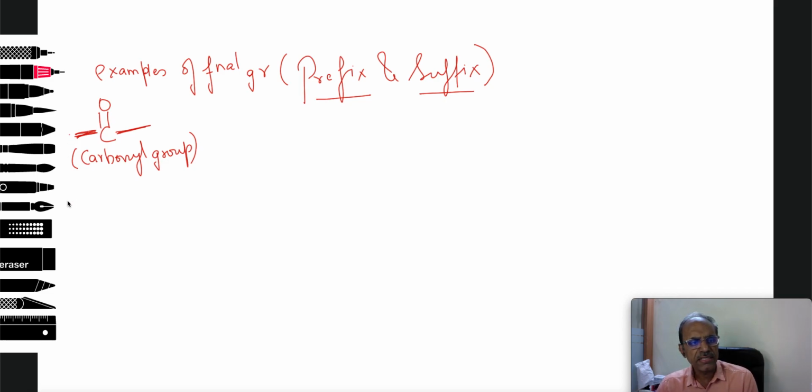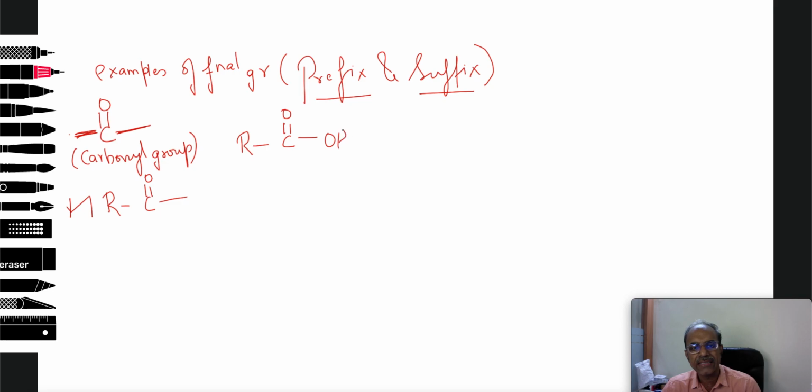Now this side will be some R, then C double bond O, then depends, whatever. It can be different values. Now we will see some few examples. Okay. Now suppose this is R, this is C double bond O, and suppose OH is written. That means I can say COOH.